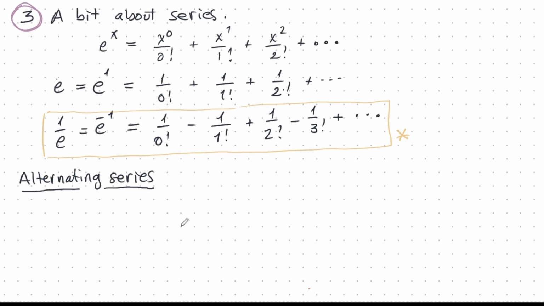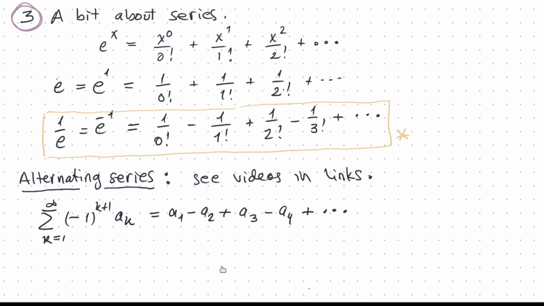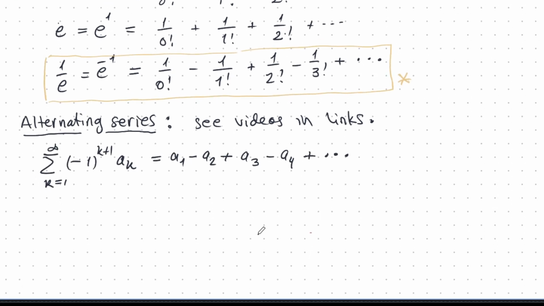Also, in the course of the calculations for Liouville's proof, we'll run into some alternating series, and we'll need some results about alternating series. I did 2 videos on it a while back, and I'll leave the links in the description box.